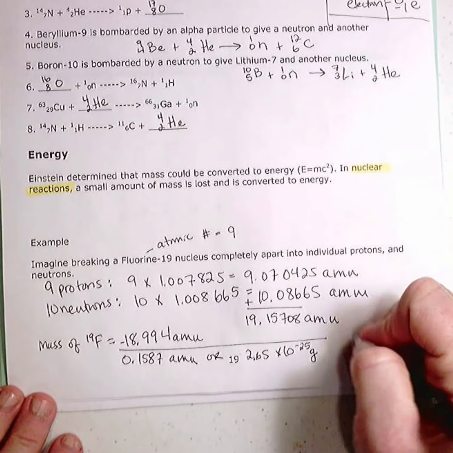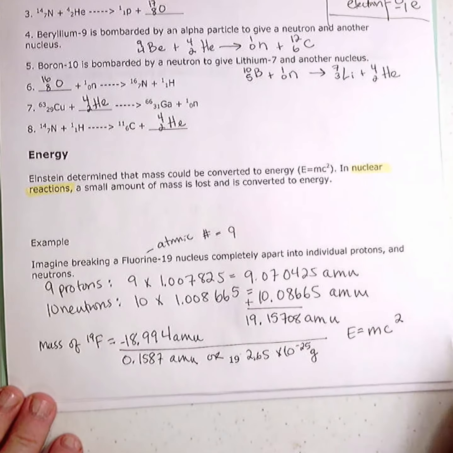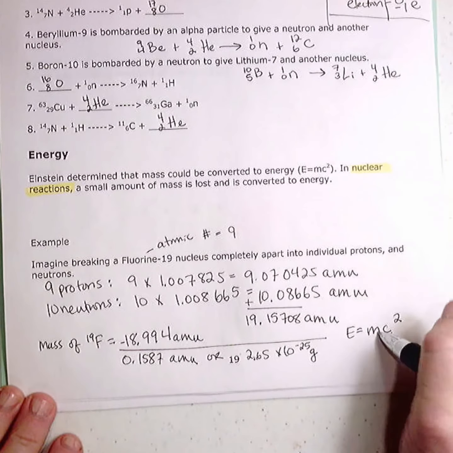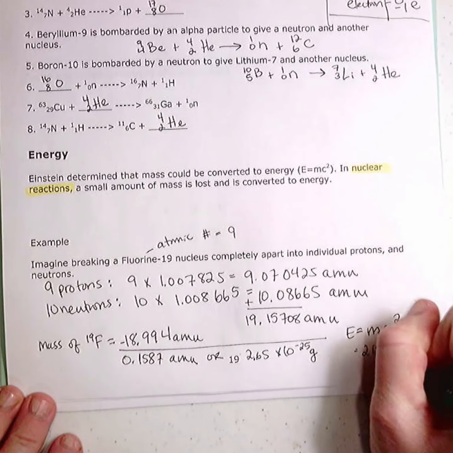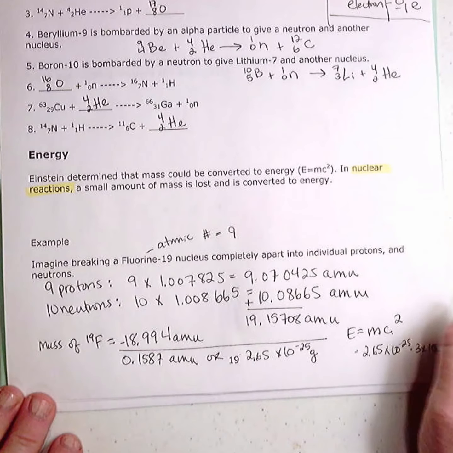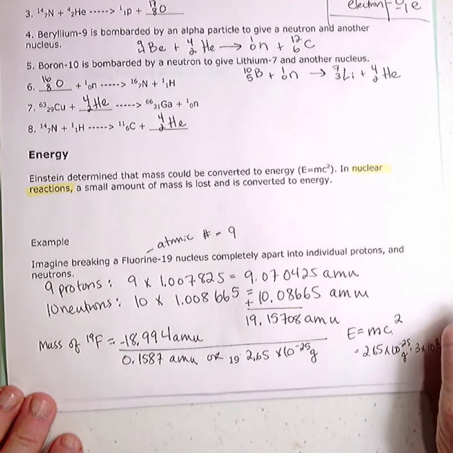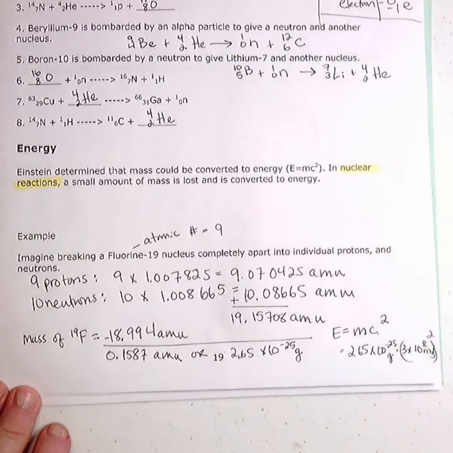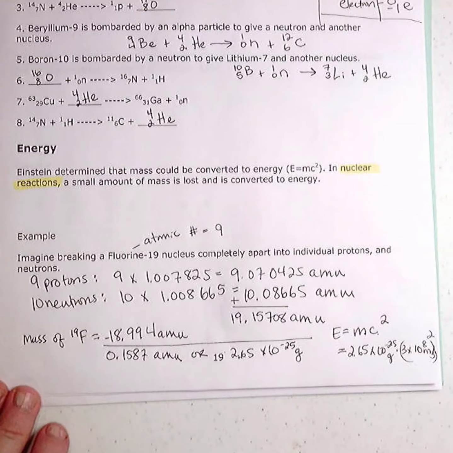So when you plug this into E equals mc squared, where c is the speed of light and m is the mass, we're talking about 2.65 times 10 to the negative 25th times 3 times 10 to the 8th. So this is grams, meters per second, and this would be squared. Sorry if that's hard to read. Like I said, this is not a calculation that you're going to have to carry out. I'm more demonstrating the concept.